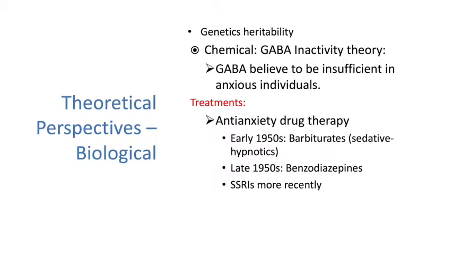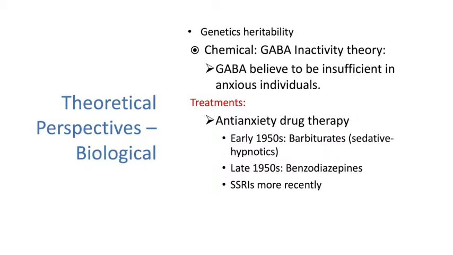We also have studies showing that there are chemical abnormalities associated with the development of anxiety conditions. One of the major theories of chemical abnormalities related to anxiety conditions is the GABA inactivity theory.